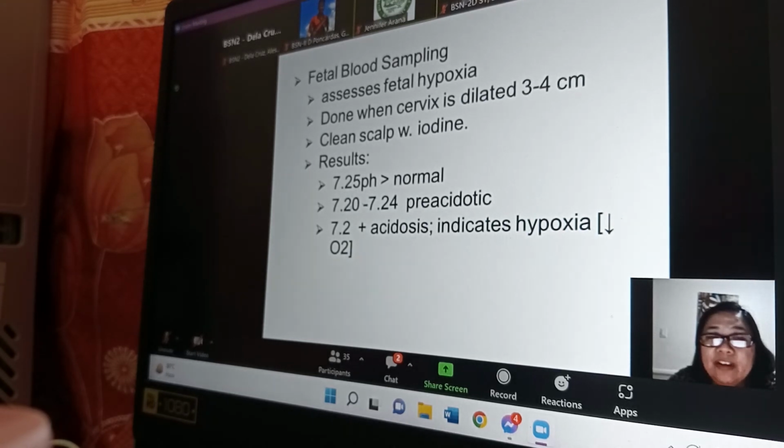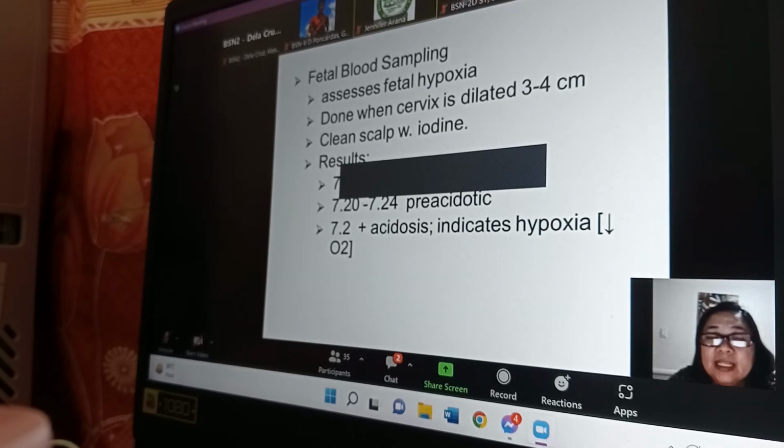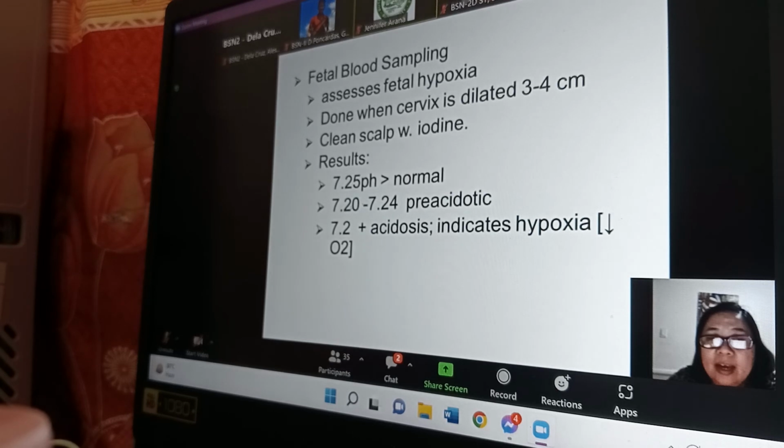The normal pH of the fetal blood is 7.25. A range of 7.2 to 7.24 is pre-acidotic. If there is acidosis, it means that the child is hypoxic. The fetus is hypoxic. Mubo ang oxygen level sa iyang blood o sa iyang tissues.